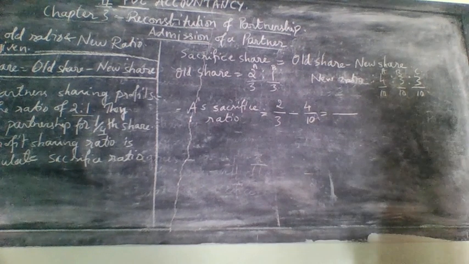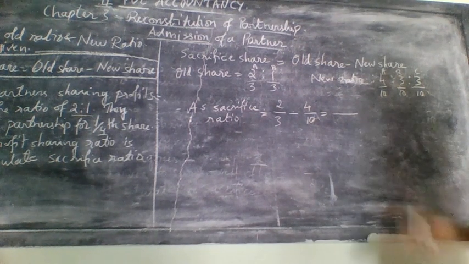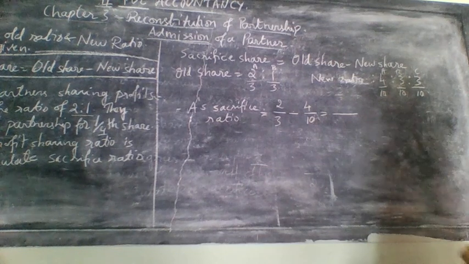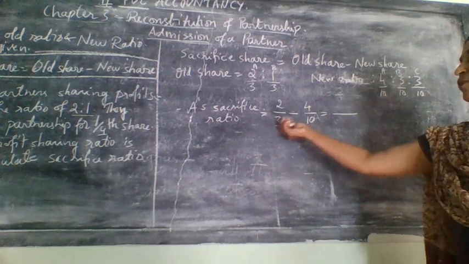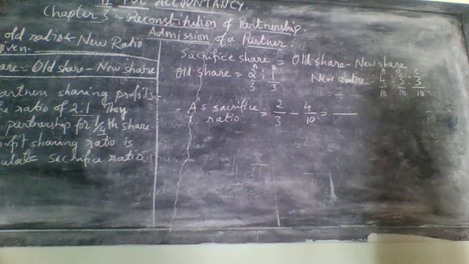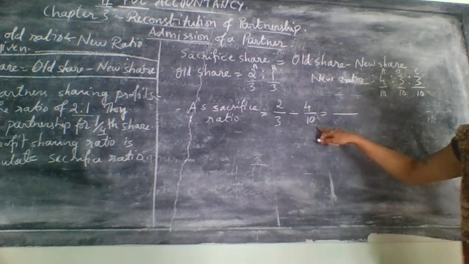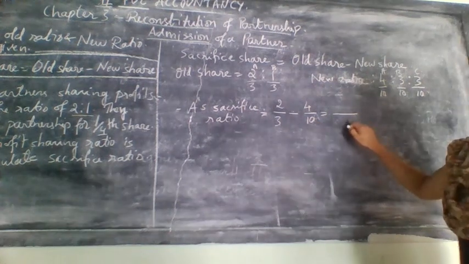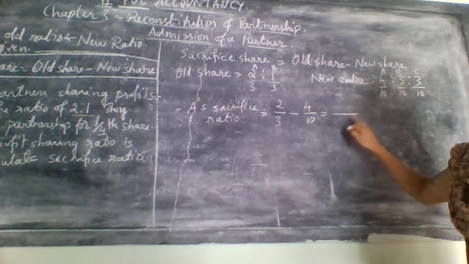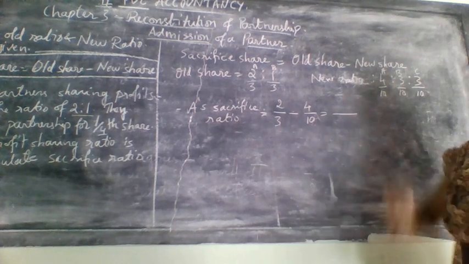If you do the LCM, you will not have extra time for that. Easily you can do it by multiplying these two denominators, 3 into 10. This is one method. Whatever you get by multiplying, you can consider it as the common denominator for both.